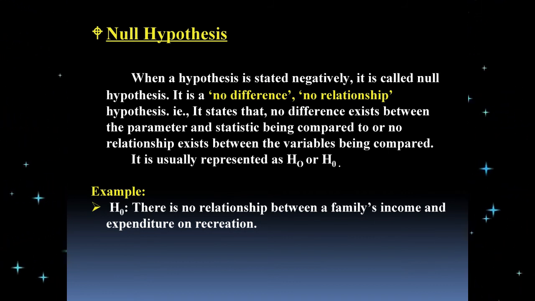It states that no difference exists between the parameter and statistic being compared to or no relationship exists between the variables being compared. It is usually represented as H0. Example. H0, there is no relationship between a family's income and expenditure on recreation.